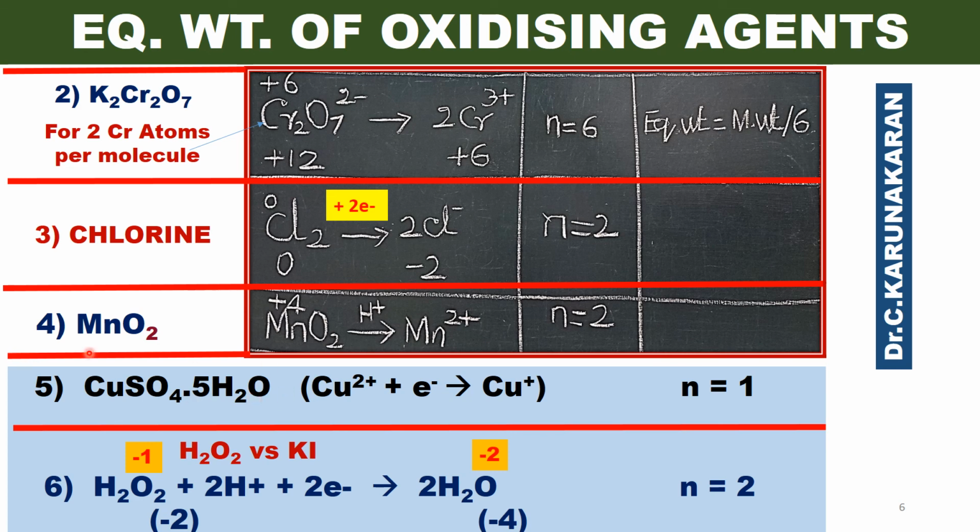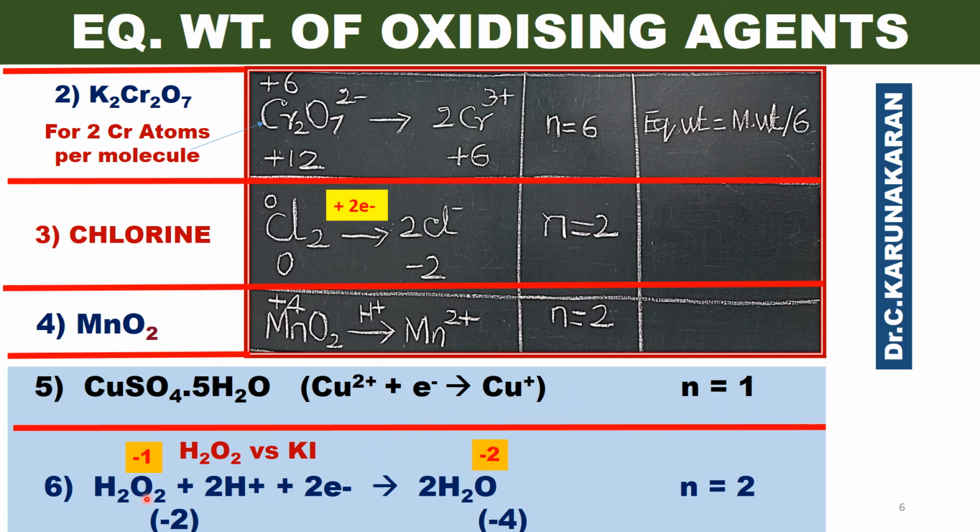And copper sulfate pentahydrate is another oxidizing agent, commonly used against potassium iodide. It oxidizes potassium iodide to I2 and forms cuprous iodide, a white precipitate. It is completely ionized, so Cu2 plus gains 1 electron, and the change in oxidation number N equals 1.